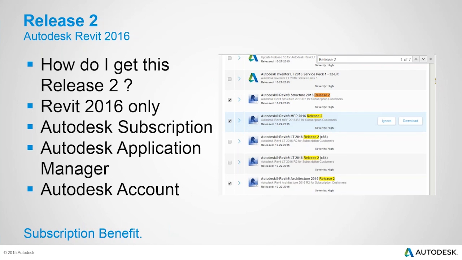Okay, so that's the two processes available for getting the Autodesk Revit 2016 Release 2 update. Hopefully that's given you a fair overview of some of the enhancements that you get. I've been finding that in using this, most of them are quite natural, and they just seem to be a natural extension, and things have been working very, very well indeed.